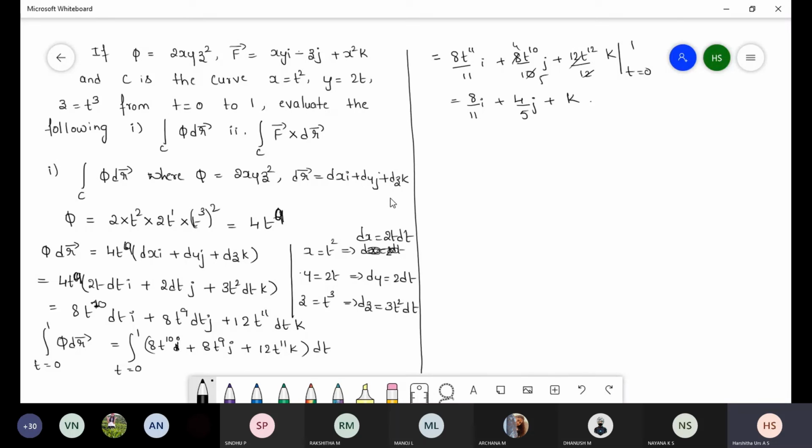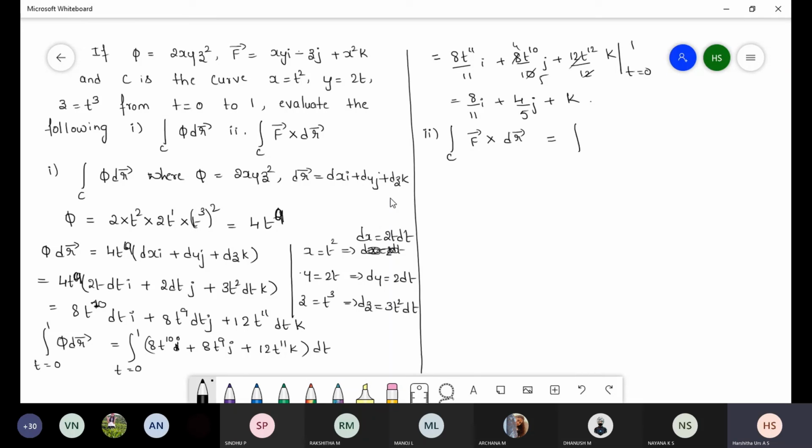Now let us see the second one. What is the second one? Integral over the curve C, vector f cross vector dr. Here how do we have to write?